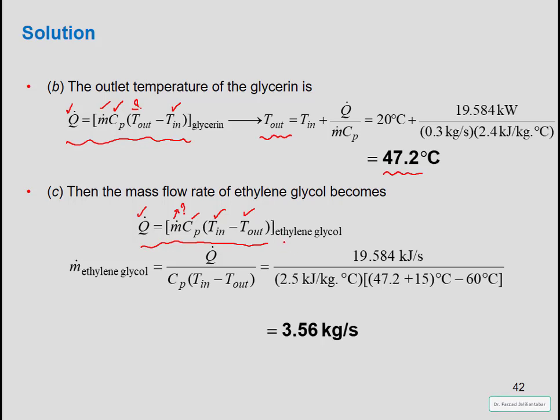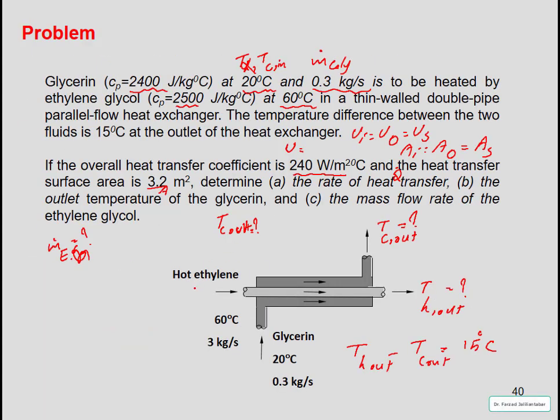How can we find that? It was mentioned in the question instruction that TH out minus TC out is 15 degrees Celsius. We have already calculated this temperature for the glycerin, which is the cold one.